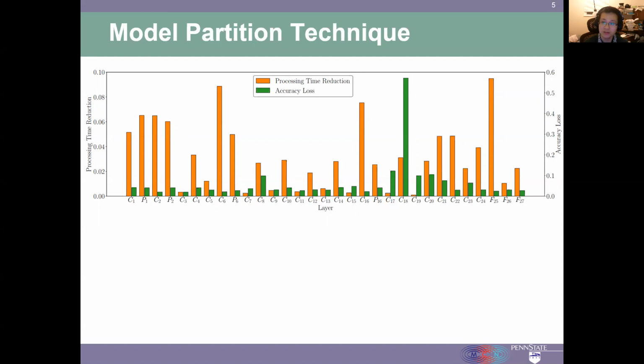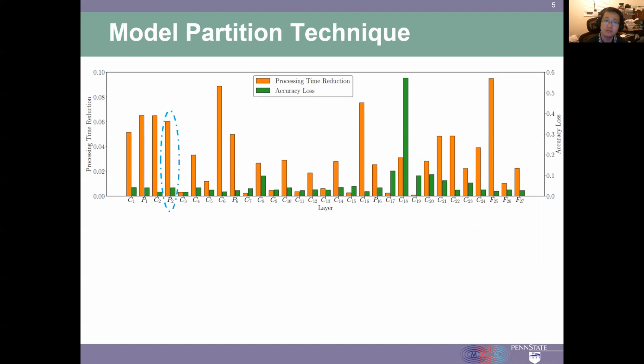Therefore, we first studied the layer processing time and the accuracy loss in the YOLO model. As shown in the figure, the P2 layer means that we only run this layer on NPU while all the other layers on CPU. And it gives us 6% processing time reduction and 4% accuracy loss.